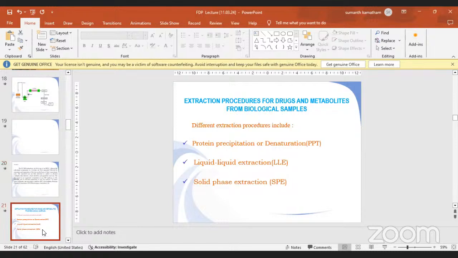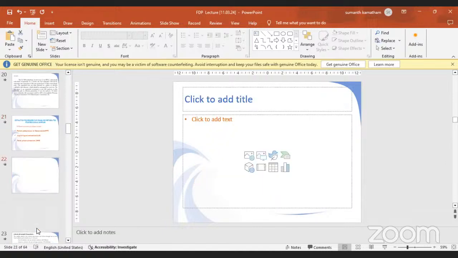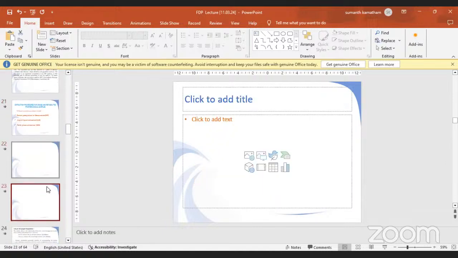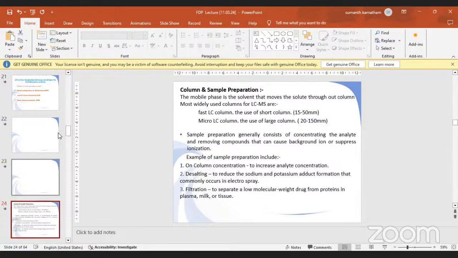We have different extraction methods for sample preparation. The regular one we use is solid phase extraction, and in some cases liquid extraction, based on the nature of the drug substance. A rarer method, depending upon the nature of the sample, is protein precipitation, that is denaturation.